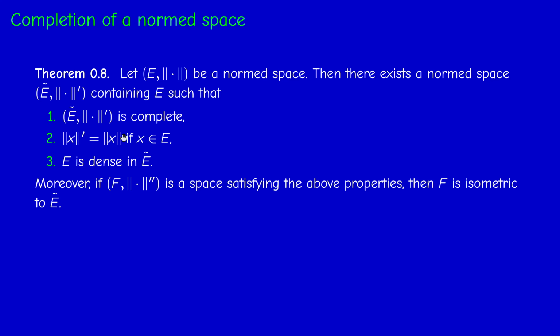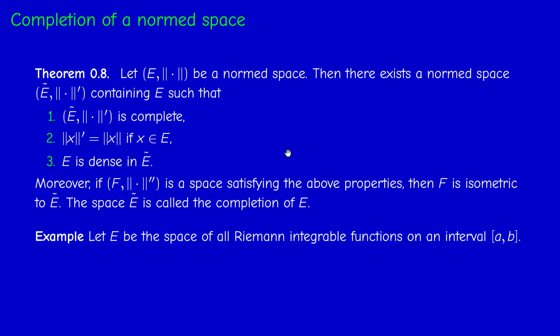When we study the bidual in chapter 2, we can prove this actually. But I'm not going to prove the uniqueness, if you like, because in chapter 2 we will embed E in its bidual, and the bidual is always complete. And here's an example.